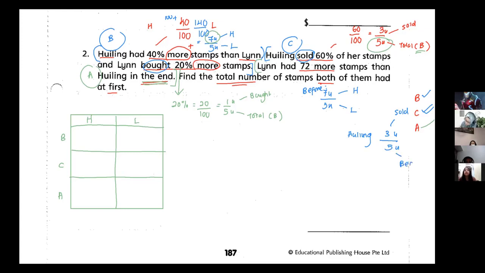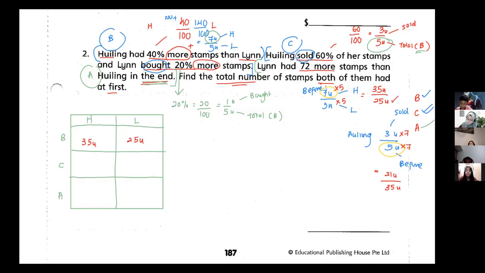Both are Hui Ling's before, but 5 and 7 are not the same, so you have to make them the same. Here times 5, here times 7. Whatever you do to the numerator, the denominator must do the same. This will be 35 units over 25 units, and 21 units over 35 units. So Hui Ling before is 35 units and Lin before is 25 units.